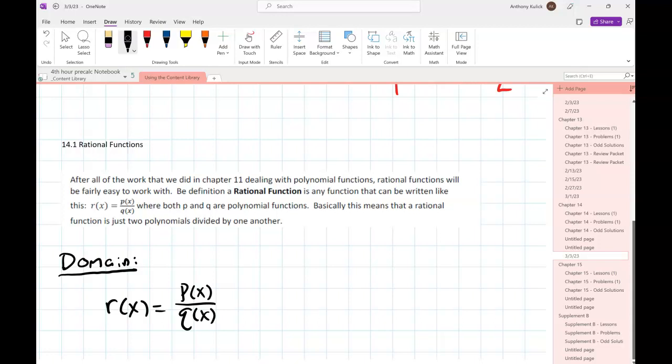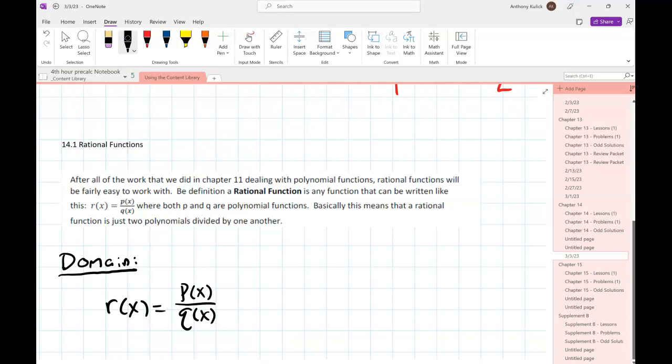But if we have a rational function, what other operation is included here, other than just addition, subtraction, multiplication? Division, right? Because we have one polynomial divided by another polynomial. Where can we get in trouble doing division? Not exponents.